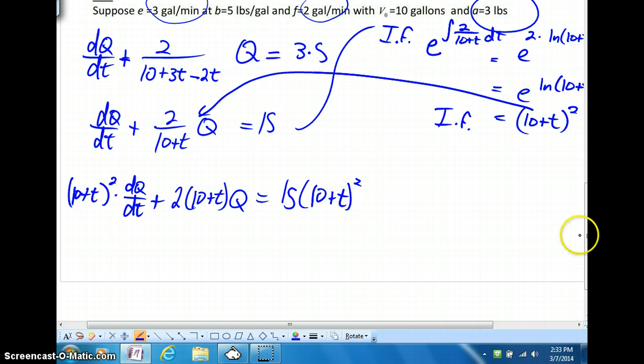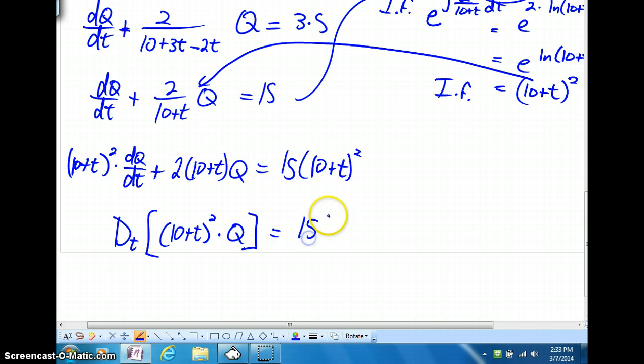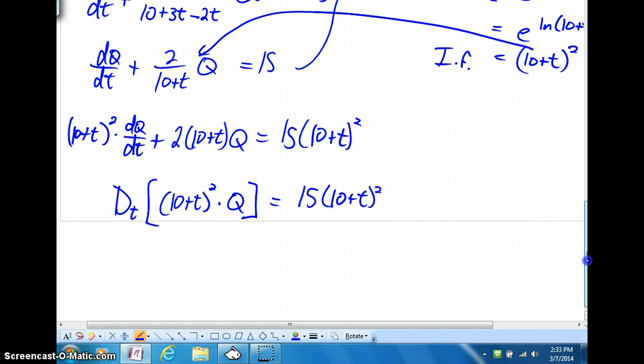Okay, wow, we're getting there. Left-hand side, you know how integrating factors always work. This is really a product rule. What function times what? What do you think? 10 plus t quantity squared times q. Oh, look at that. That's not so bad. And then we're going to integrate both sides with respect to t.